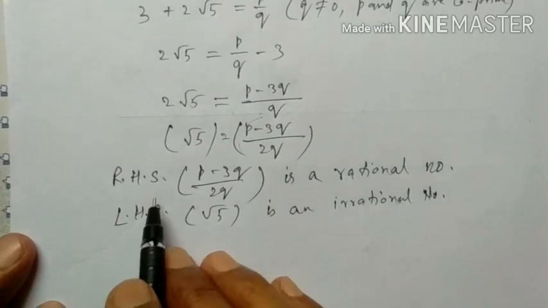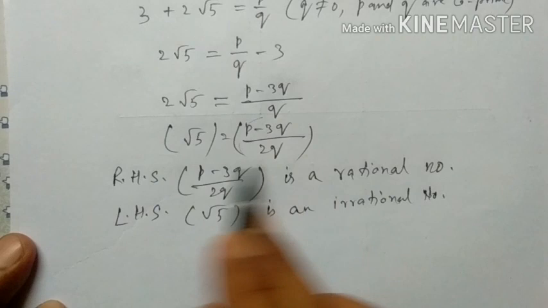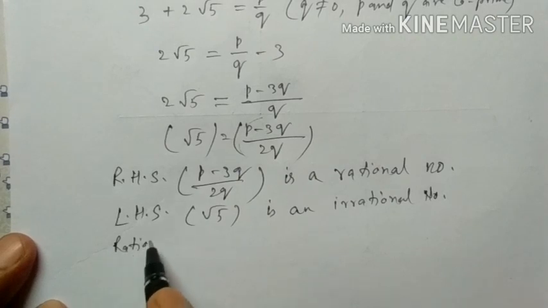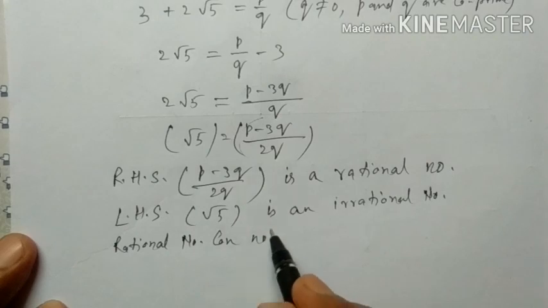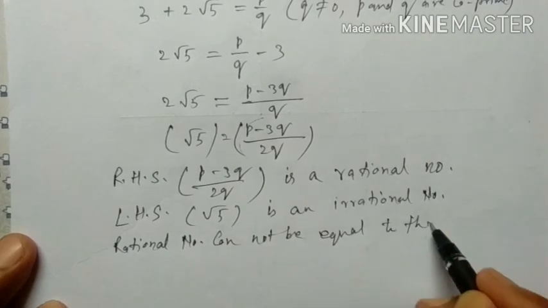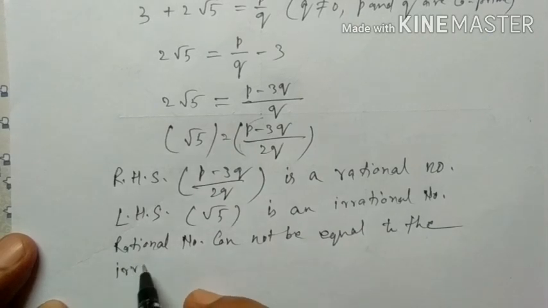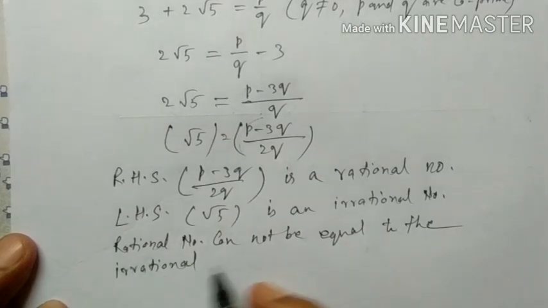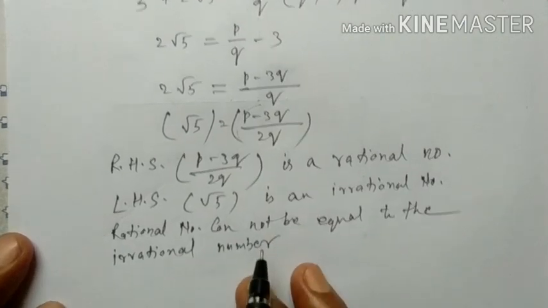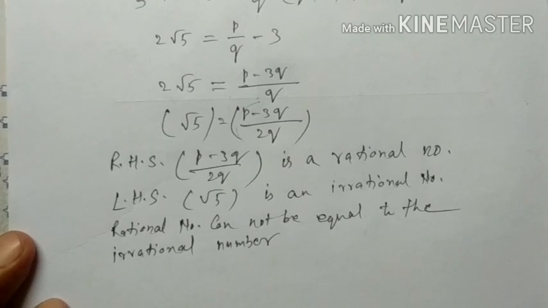A rational number cannot be equal to the irrational number. So that left hand side cannot be equal to the right hand side.